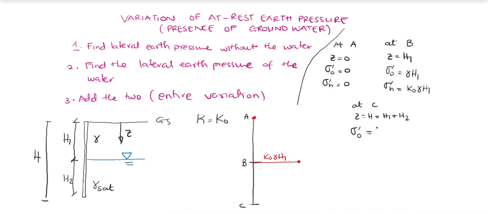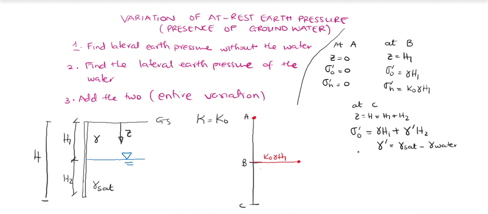So that is going to be our gamma H1, plus the effective unit weight times H2. We are using effective unit weight because we are taking the water out. You know that effective unit weight is equal to gamma sat minus gamma of water. Do you get it?